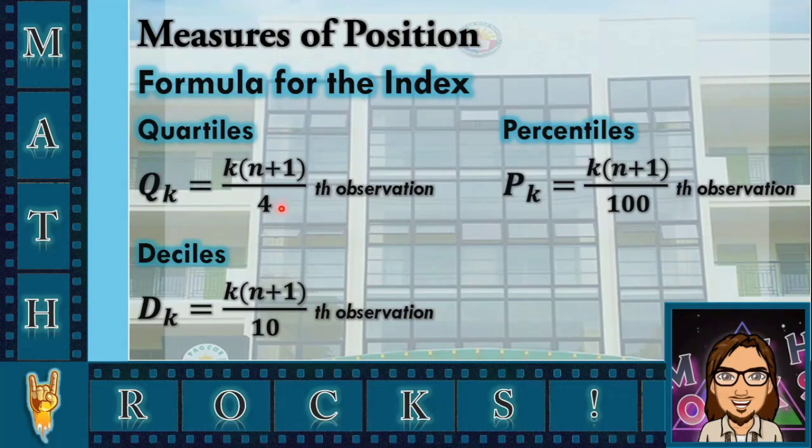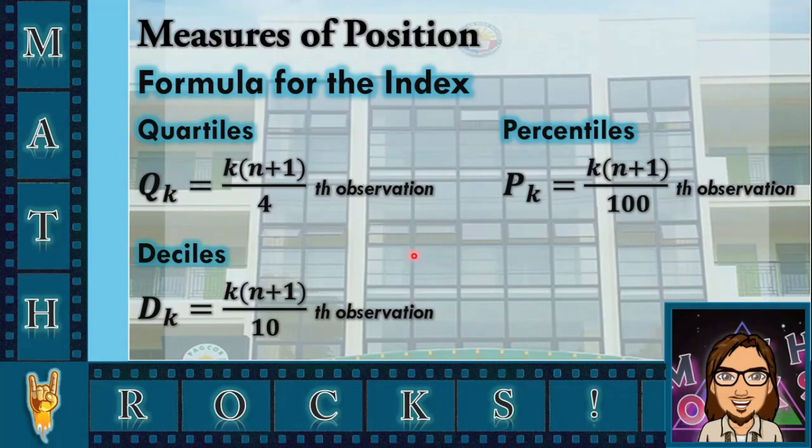Since the quartile divides the distribution into four equal parts, we will obviously have 4 in our denominator. Deciles, of course, divide the distribution into 10 equal parts. Therefore, our denominator contains the value of 10. And for the percentiles, we have 100.